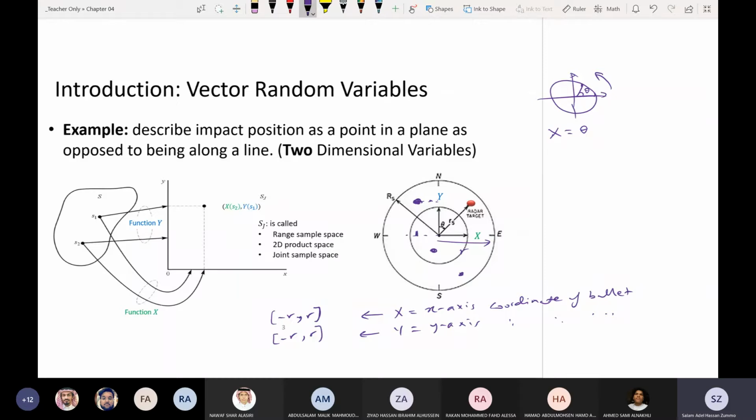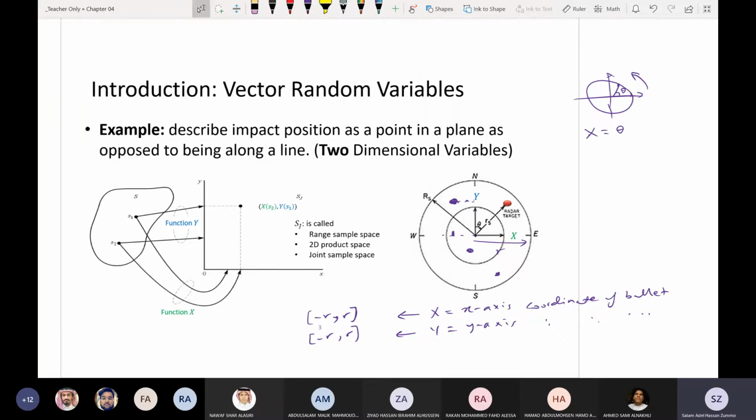And the arrow can basically land at any point in this two-dimensional plane. So in this case, the randomness comes from when you throw the arrow. Every time you throw the arrow, it will give you two outcomes, S1 and S2.